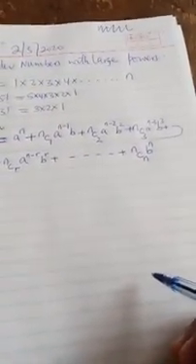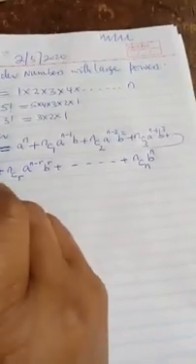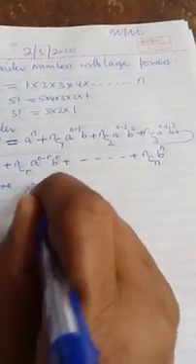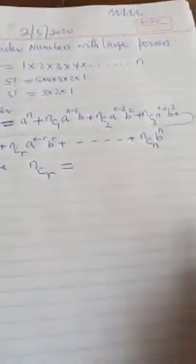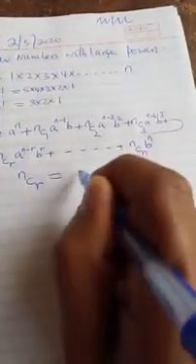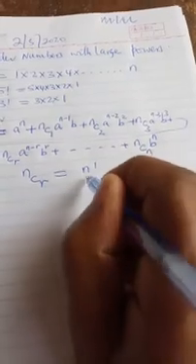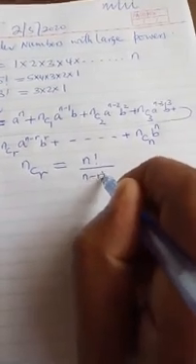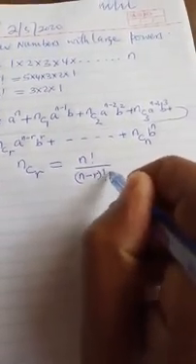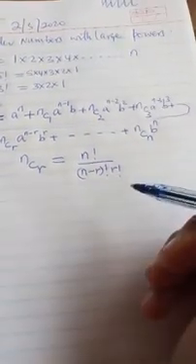Now we are going to define the combination. n combination r, the general one, will be defined as the factorial of n over the factorial of n minus r times the factorial of r.